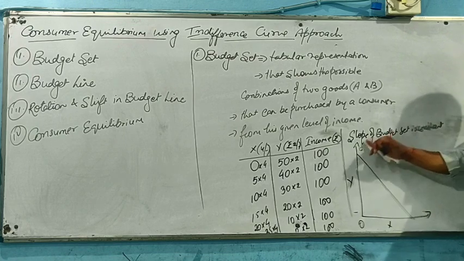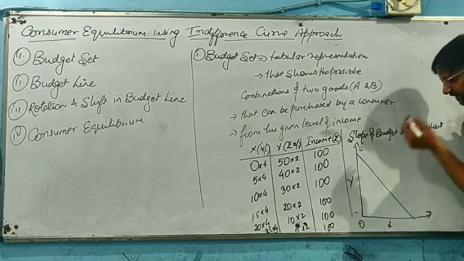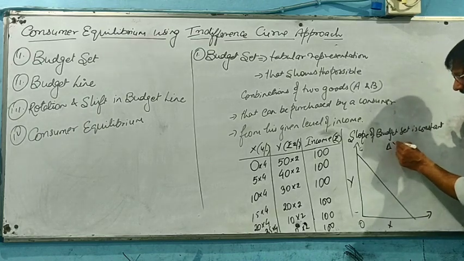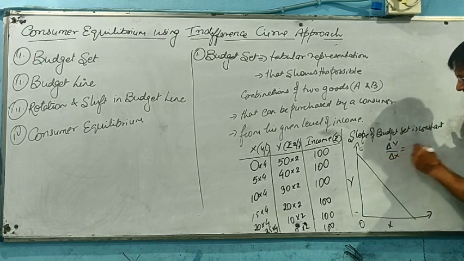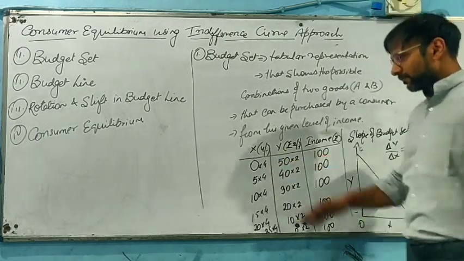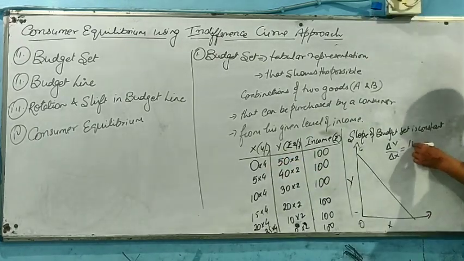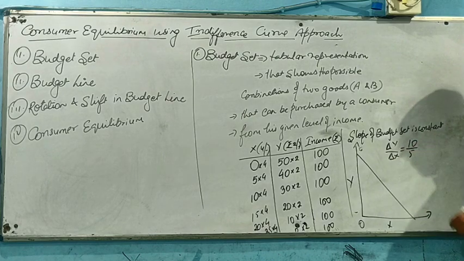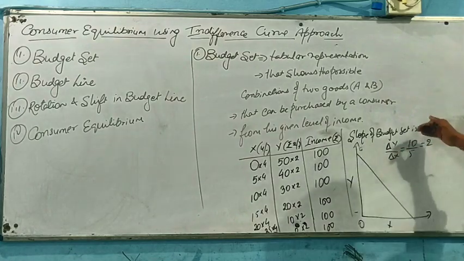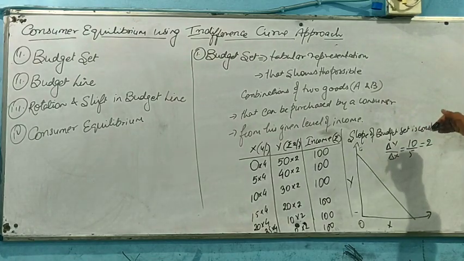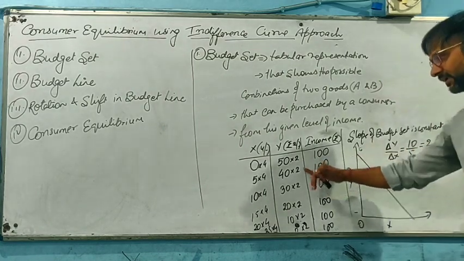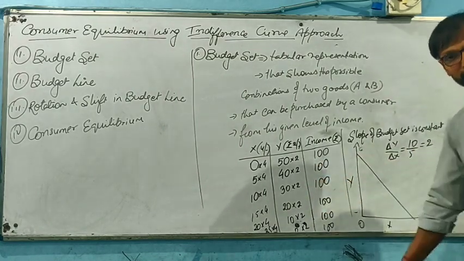It means the slope of the budget line is delta Y upon delta X. Since 10 units have been sacrificed for the gain of 5 units, it will be 2. So the slope of the budget line, sorry, budget set, is constant, and it will be 2 at every possible combination.